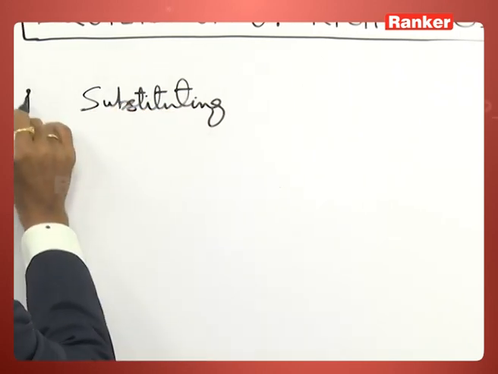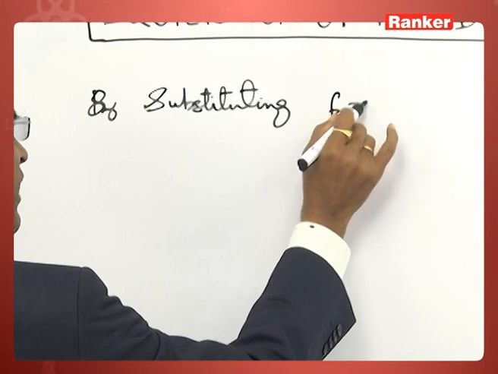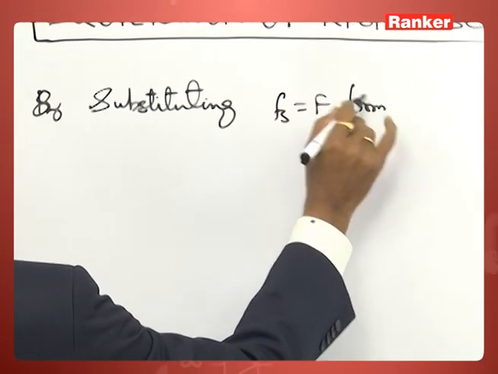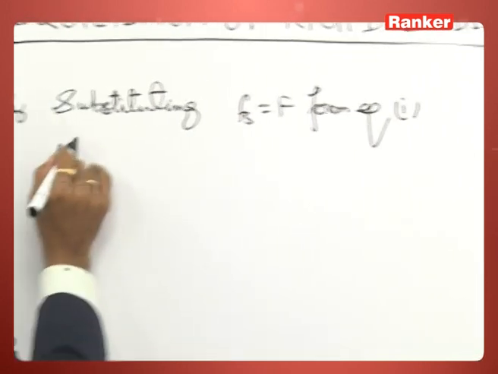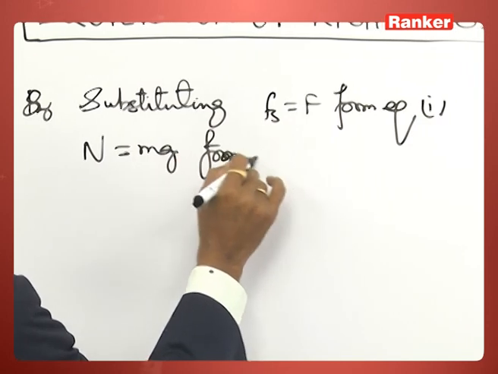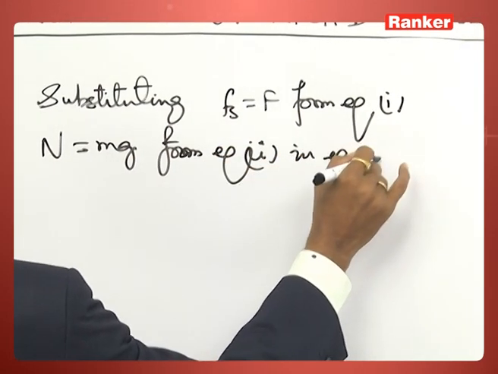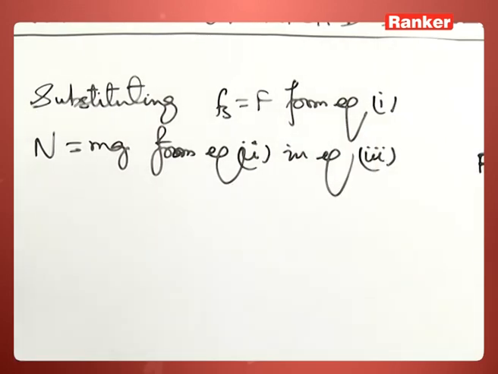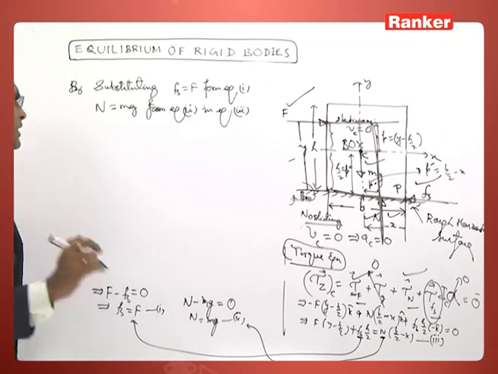by substituting Fs is equal to F from equation 1, N is equal to mg from equation 2, in equation 3. These are the force equations, they are the torque equations, 3 equations we are getting.